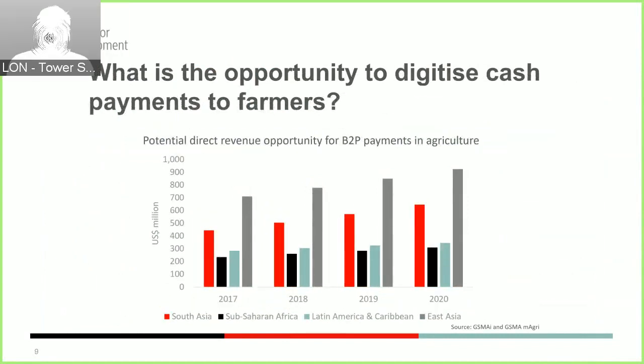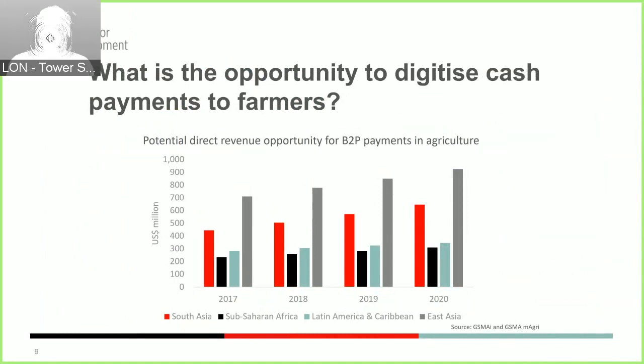So if we translate this opportunity, which is about the total cash that is available for digitization, into an opportunity for mobile money providers to actually digitize cash payments to farmers, here is how the picture looks.